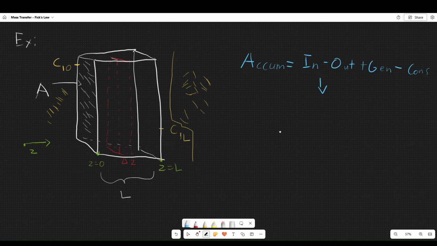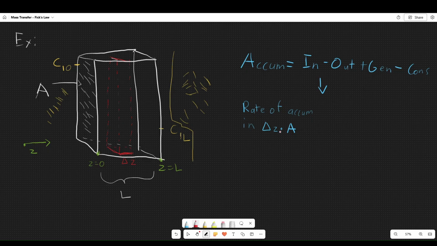And so what does that mean for this problem? That means that accumulation is the rate of accumulation in our control volume, which is delta Z times A, because delta Z is essentially this distance times this distance.